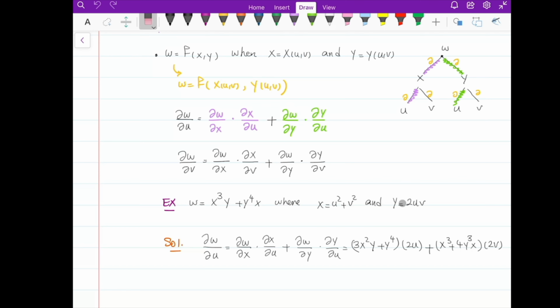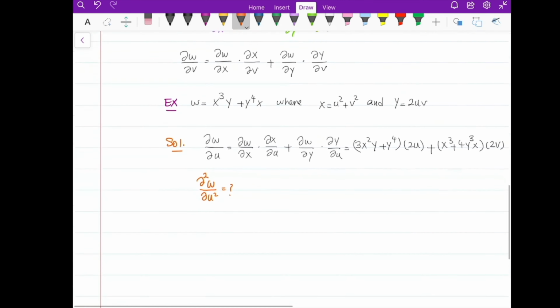Now I can replace all the x and all the y's in here by the given formulas for x and y. Now the question is, how can I find the second derivative? If we have the same situation, I want to find the second derivative of w with respect to u. What should I do now?